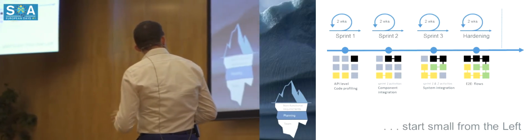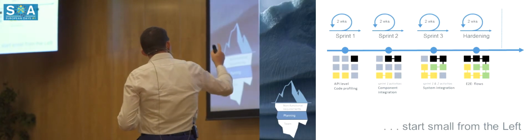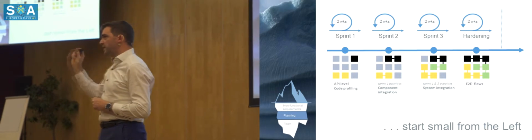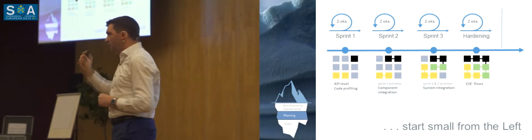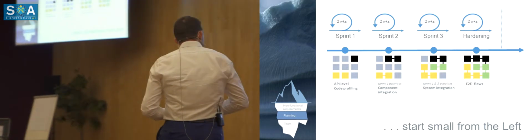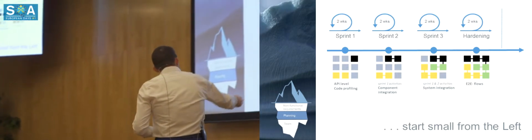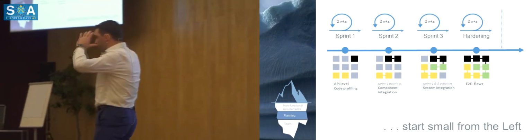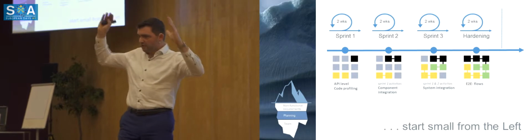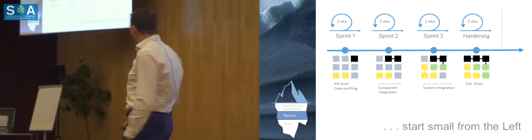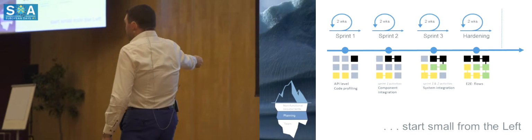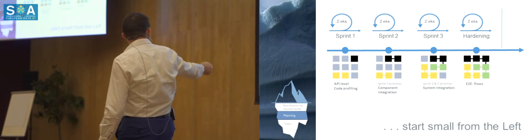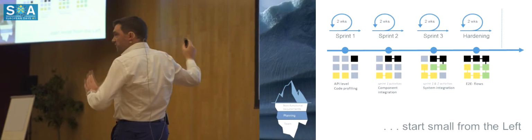And so you continue, and finally, in your hardening sprint, you still do a performance test, but then on end-to-end flows, on business scenarios. Often another misunderstanding is that people think, oh, performance testing, we need to do that big load test with 1,000 users. No. In the first sprint, we talk about 5, 10, 20 users, and only here are the big bunch load tests.